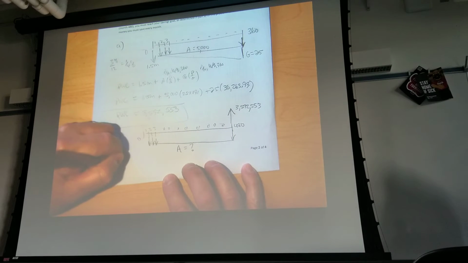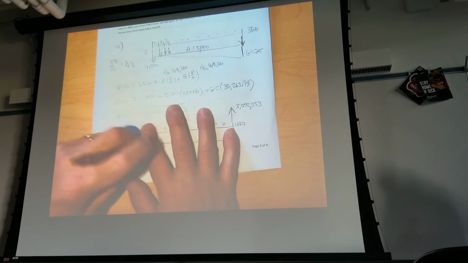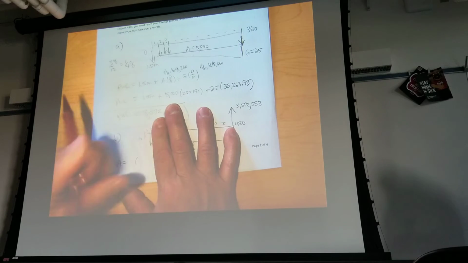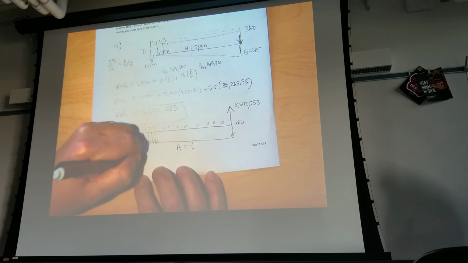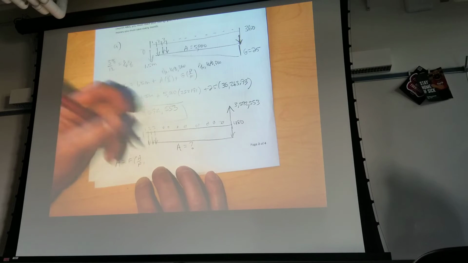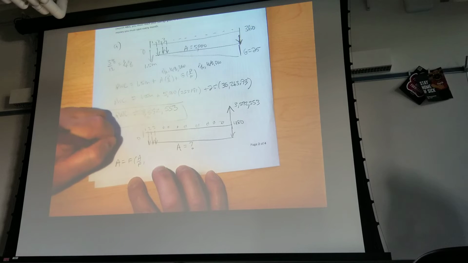And so, A equals F times A over F, i equals 6% over 12 equals 0.5%.